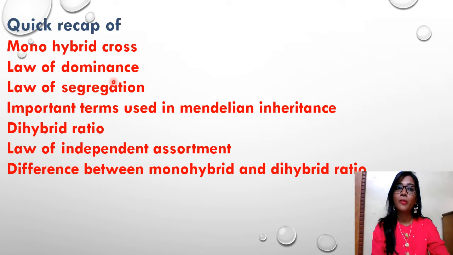But this third law, law of independent assortment, requires the dihybrid ratio. So we are going to study in detail this dihybrid ratio and the third law of inheritance.